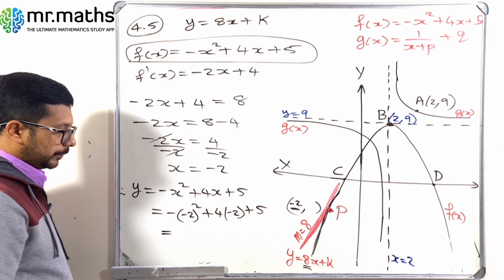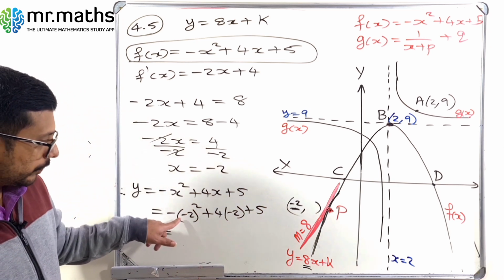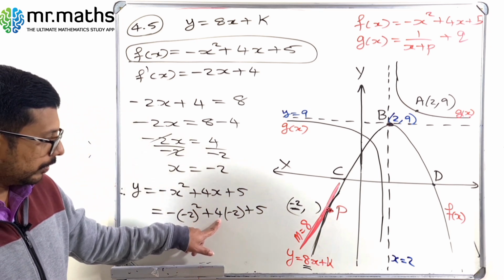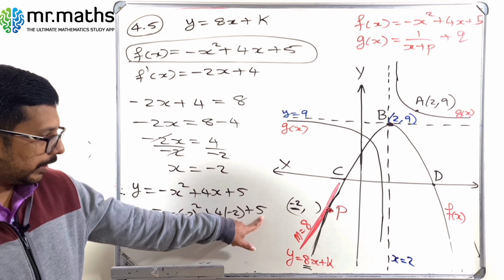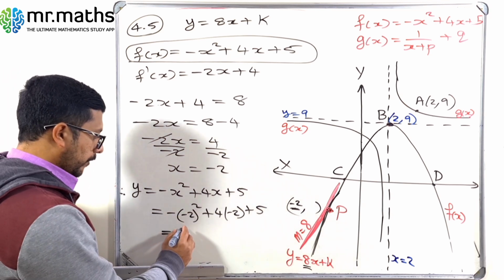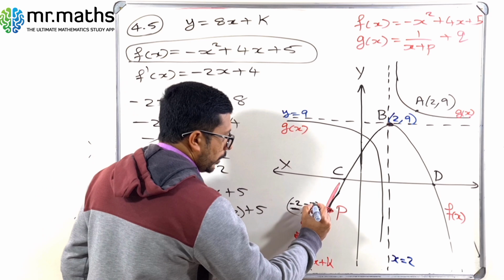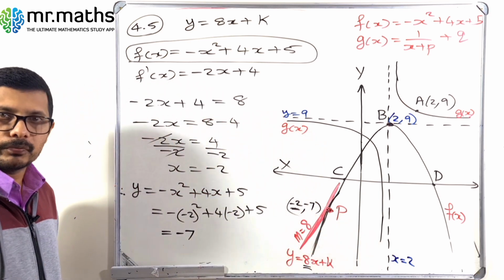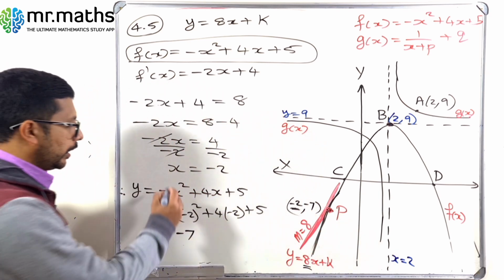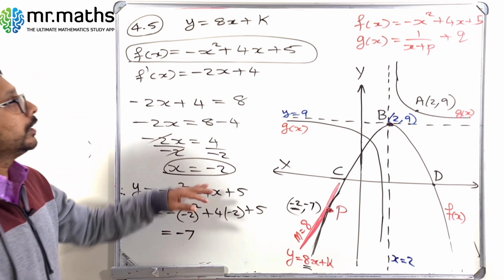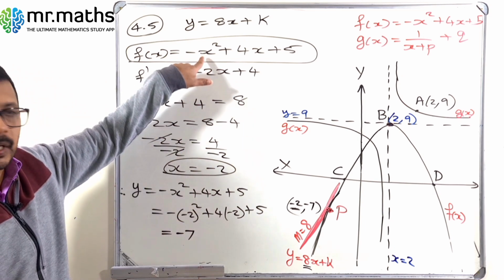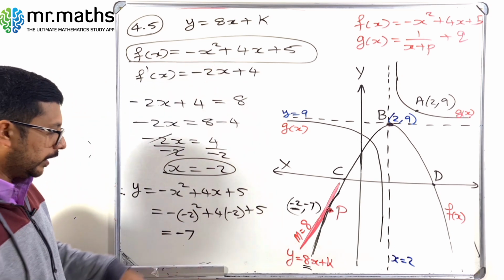Check in your calculator. This is minus 4, minus 8, minus 12, plus 5, minus 7. So the y value is minus 7. I found the x value, then substituted x as minus 2, and I got minus 7.